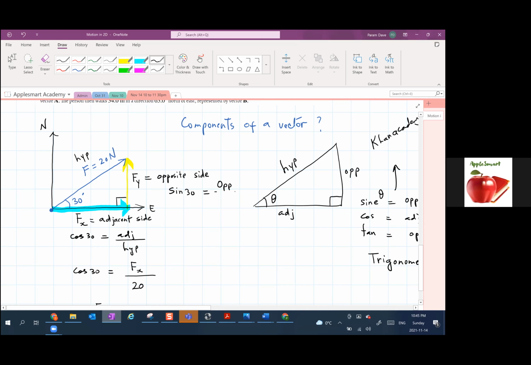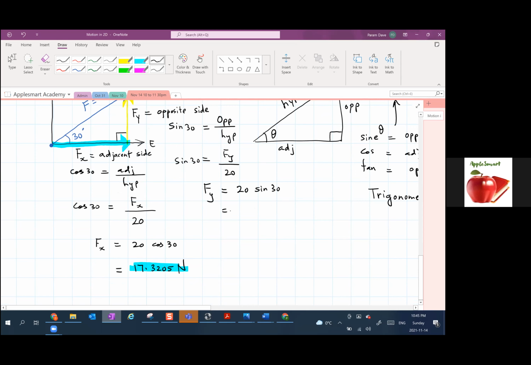So rearranging this, you have Fy equals 20 sine 30 degrees. Again, go back to your calculators. You go to 20, then press the sine button, and punch in the 30 degrees. Remember, it should be in degrees, not radians or gradients. So that is 10 newtons.